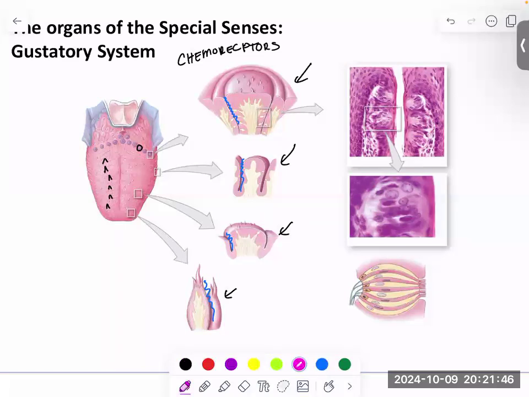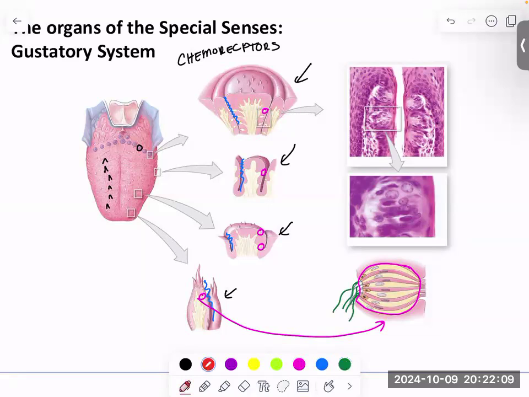At the very ends, you have receptors. Here's one of those receptors. At the very end, here are these receptor cells. And they have these free nerve endings. They look like little hairs just sticking out of them.